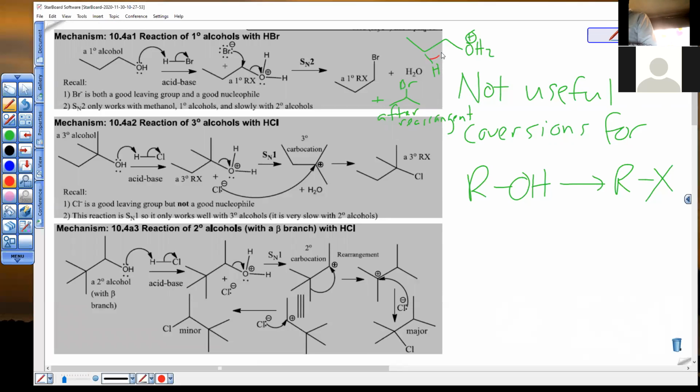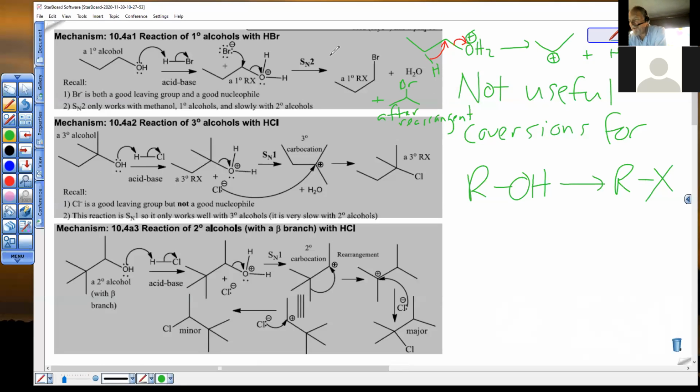But what you can do is rearrange and kick off the leaving group, and you'll get this cation here. Never saw the primary cation. So, rearrangement. I'm going to leave that. I'm out of room.